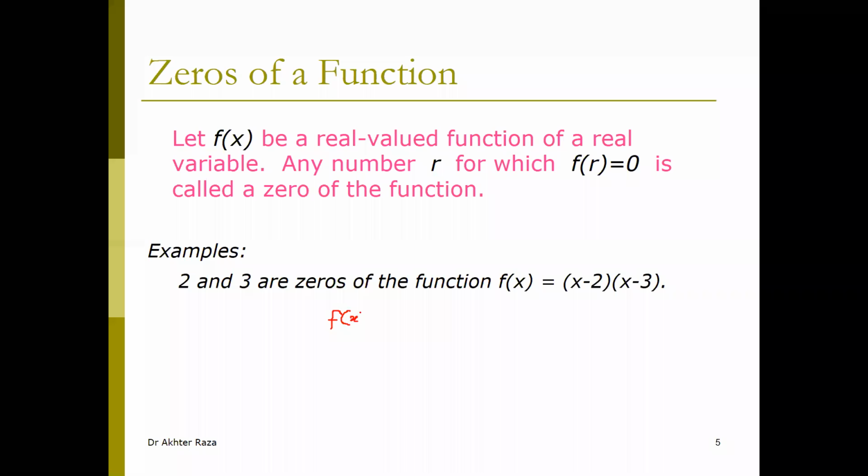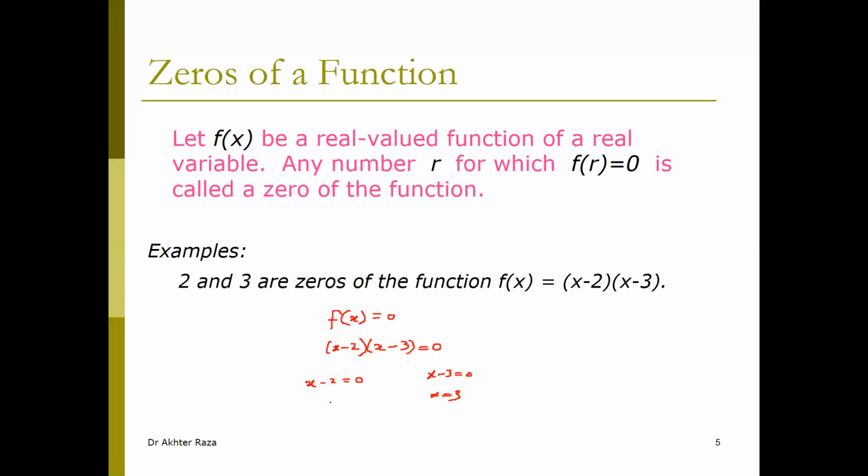When you put f(x) equal to 0, it means x minus 2 times x minus 3 is equal to 0. Either x minus 2 is 0 or x minus 3 is 0, so this becomes 3 and this becomes 2.